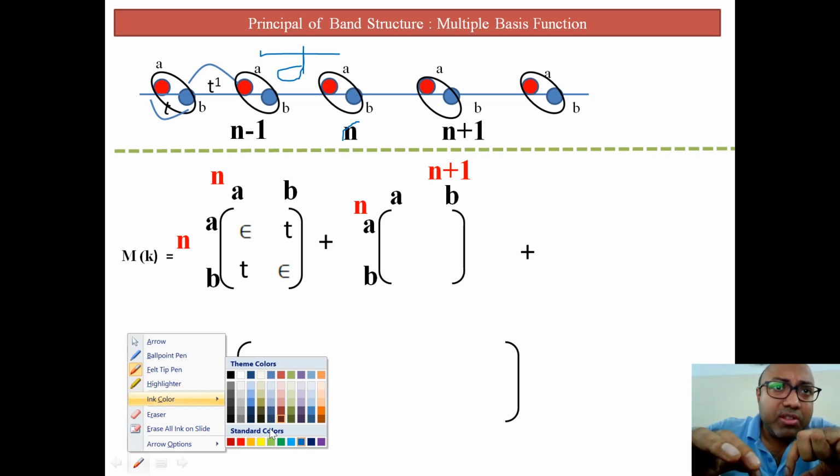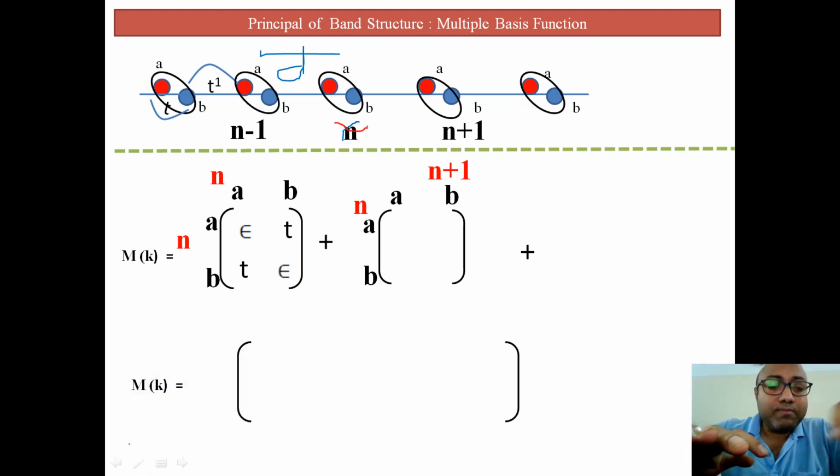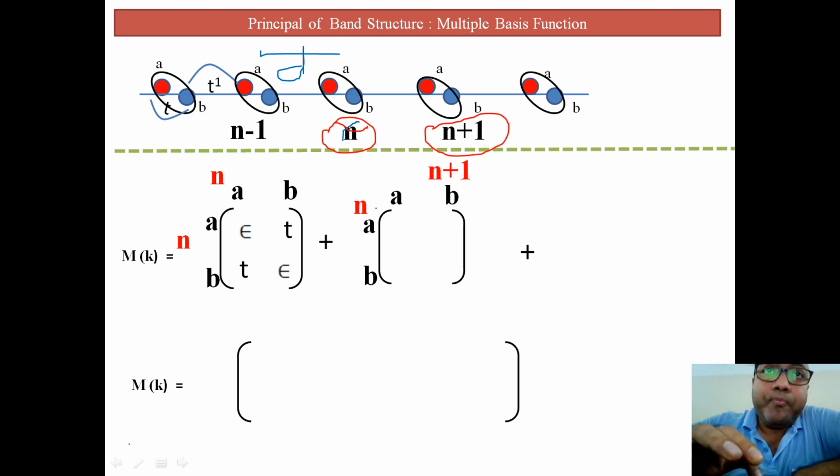So I have to use n by n this one and n plus 1 this one. Now, this is n. So now go for a of n. A of n. This is a, no? I think a of n.